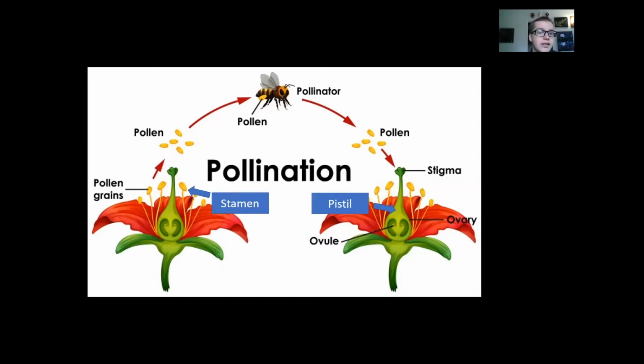This whole process basically just needs pollen, those little fine grains, to get from the stamen where it's made over to the pistil where it can go into a seed. This can happen sometimes through the wind. It could happen just by the little bits of the stamen bumping up against the pistil. But usually what needs to happen is some sort of insect needs to come along, pick up some pollen from the stamen, and then fly along to another flower and drop off that pollen at the pistil of another flower.